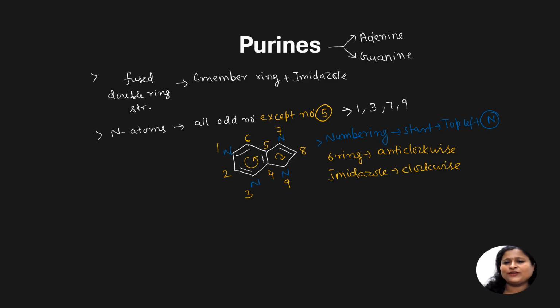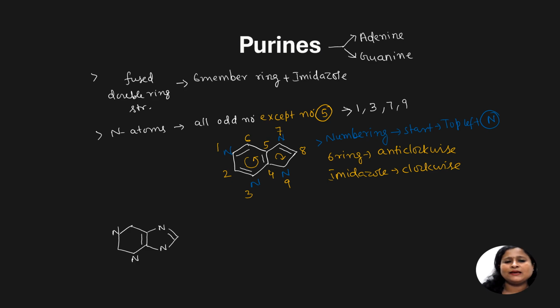Now we know everything about the purine structure. To this core structure, we would be making some modification and we'll be making adenine and guanine. So let's first make the core structure for adenine. We put one nitrogen here, one nitrogen here.